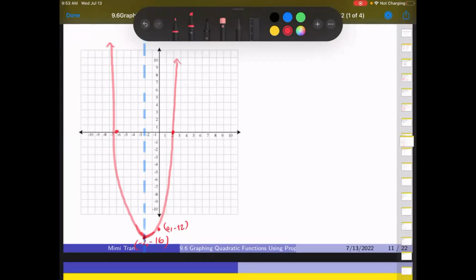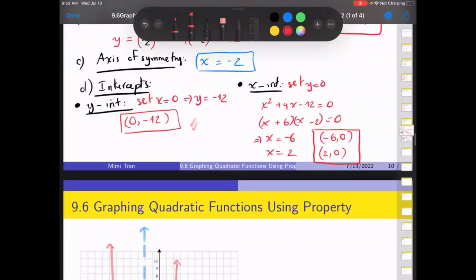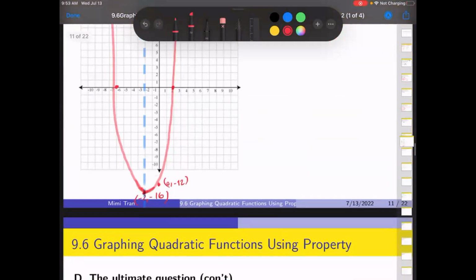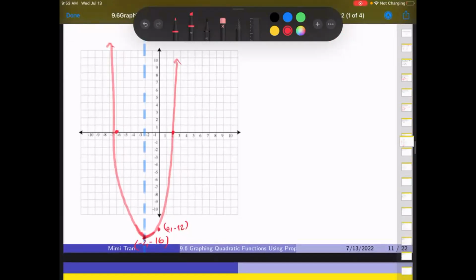Is that supposed to be -12, or is that 0? (0, -12), right here. That's a comma. You can do that on the exam.